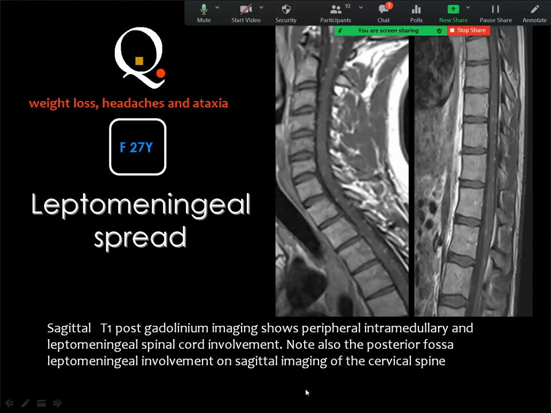Based on the clinical data of the patient, or even if you have the images above this level, you can see the tumor in the fourth ventricle, then you may suspect the possibility of metastasis. If not, you say that this is leptomeningeal spread with a differential diagnosis including so and so.